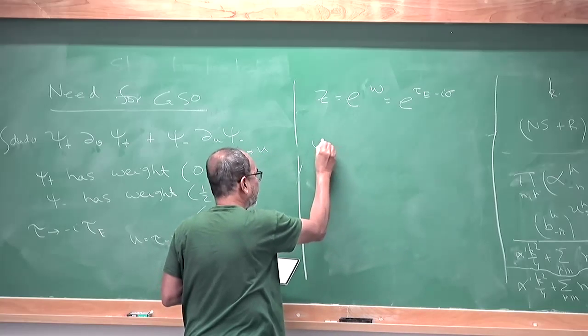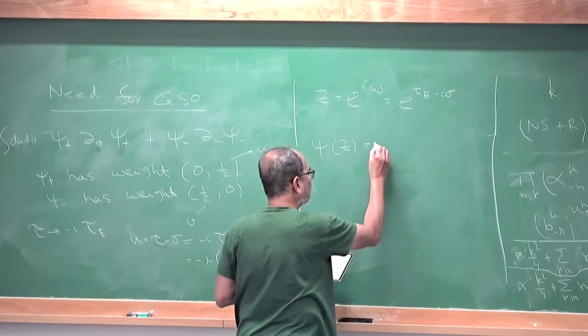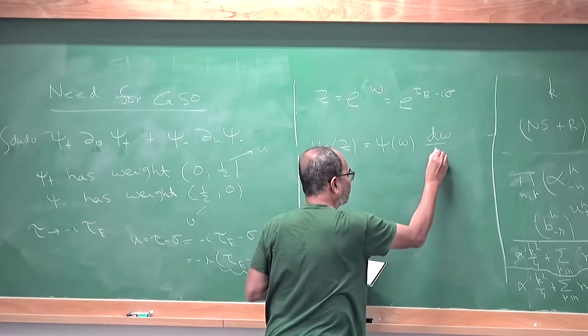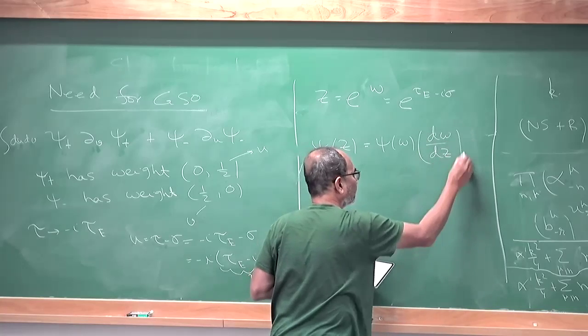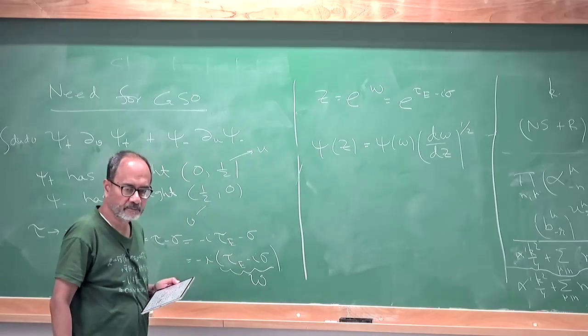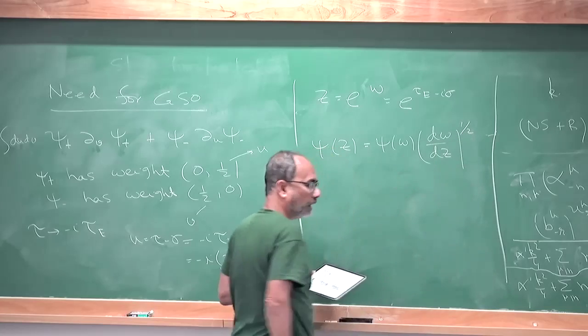So now we have this relation: psi of z is psi of w times dw dz to the power half, because this half comes from the fact that it's weight half.